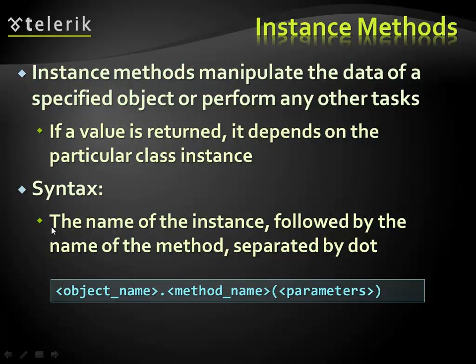So the syntax is, like I mentioned, an object, dot, method name, and then the parentheses. If this was a static method, Console dot WriteLine, and then the parameters like we're providing every time.